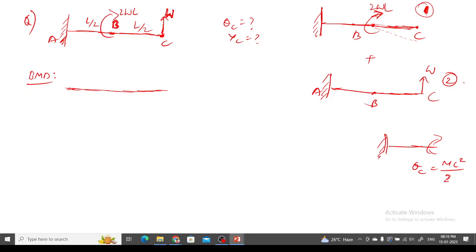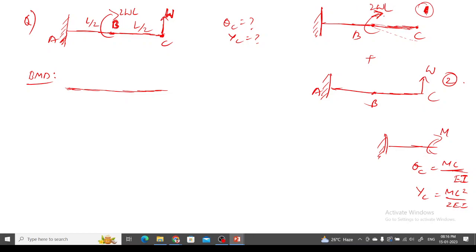Let's imagine, since I don't have the formula sheet, it is ML by EI for theta and ML square by 2EI for deflection. ML by EI and ML square by 2EI. So this value is actually valid only when the moment is acting like this.